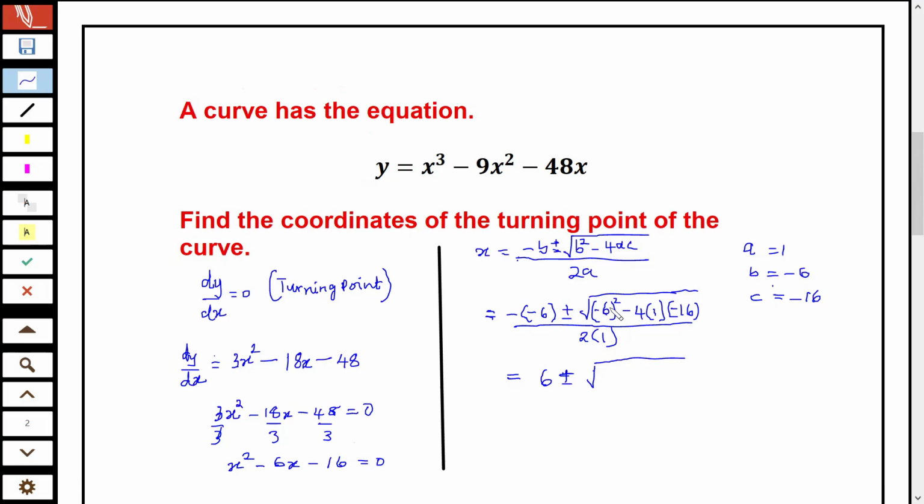Now, -6 squared is simply -6 times -6, and that gives us 36. Here we've got -4 times 1, which is -4, and -4 times -16 gives us a +64, over 2.